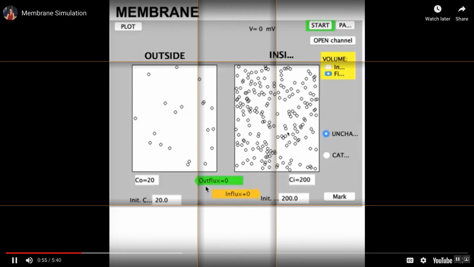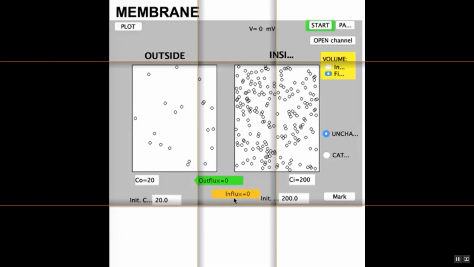This inside compartment is about 200 millimolar, and the outside compartment is only 20. So it's kind of like a simulation we've talked about with glucose, right? These are uncharged particles, and as soon as I open the channel, you can probably imagine that the net diffusion is going to go from inside to outside, right?